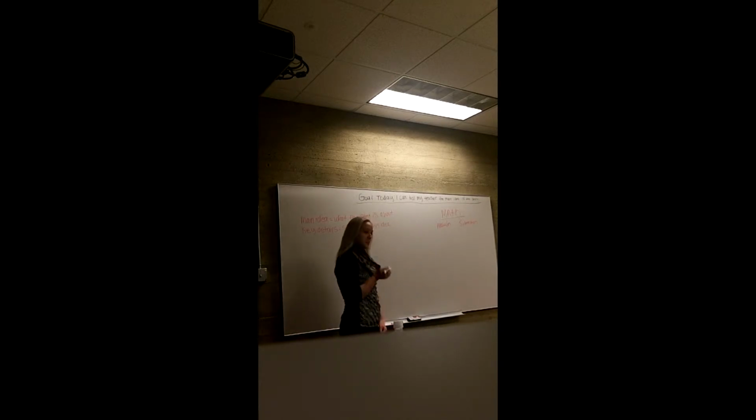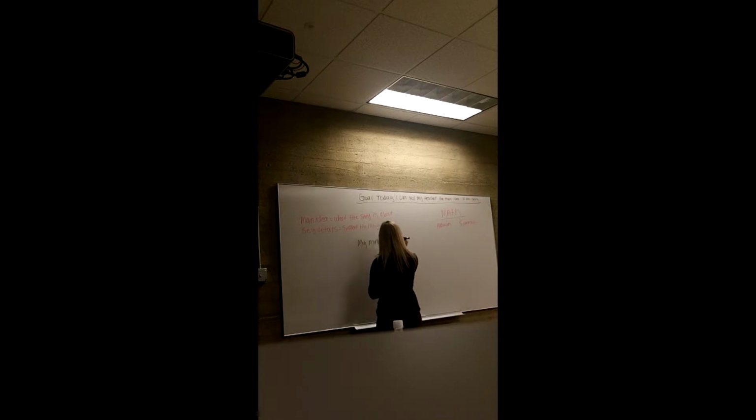Okay, so now I'm going to write a couple sentences, and I'm going to underline the main idea, and I'm going to circle the key details to give you a little hint on what they are. So, my mom is my best friend. We do everything together.